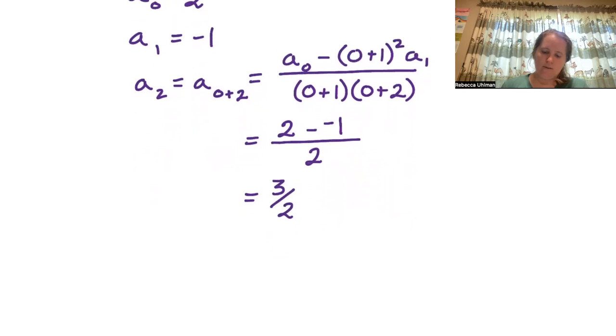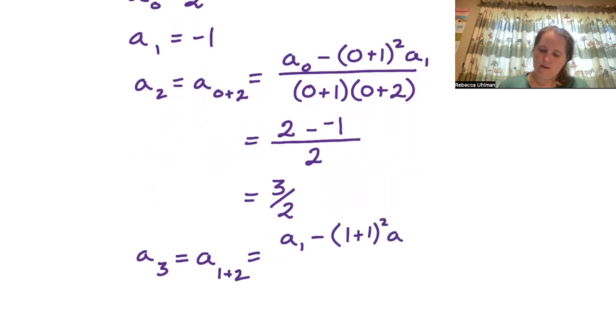Then we can find A3. So A3 is A1 plus 2. So we're working with n equals 1. We're looking at A1 minus (1 plus 1) squared times A2 divided by (1 plus 1) times (1 plus 2).